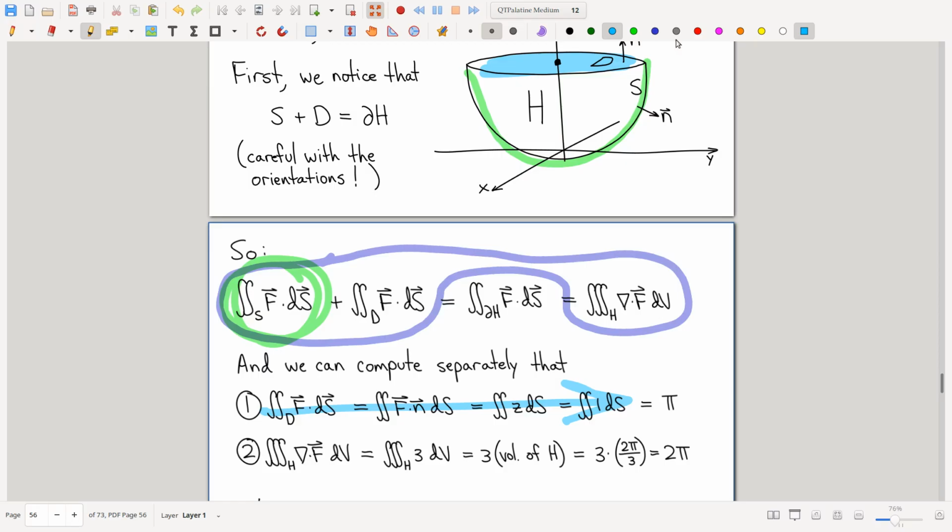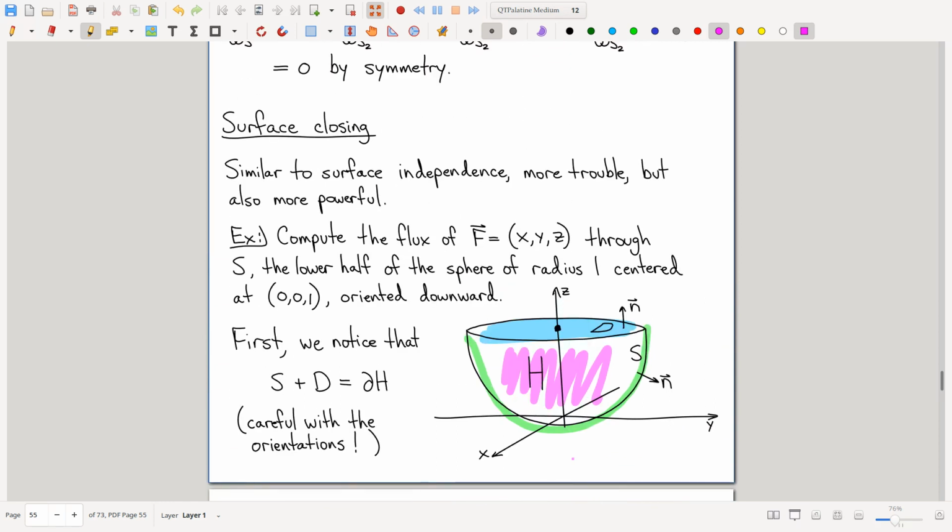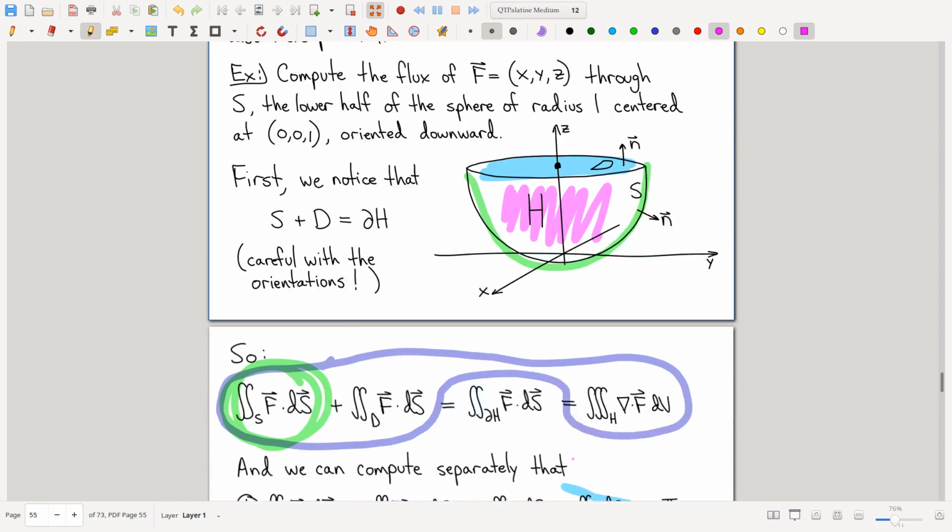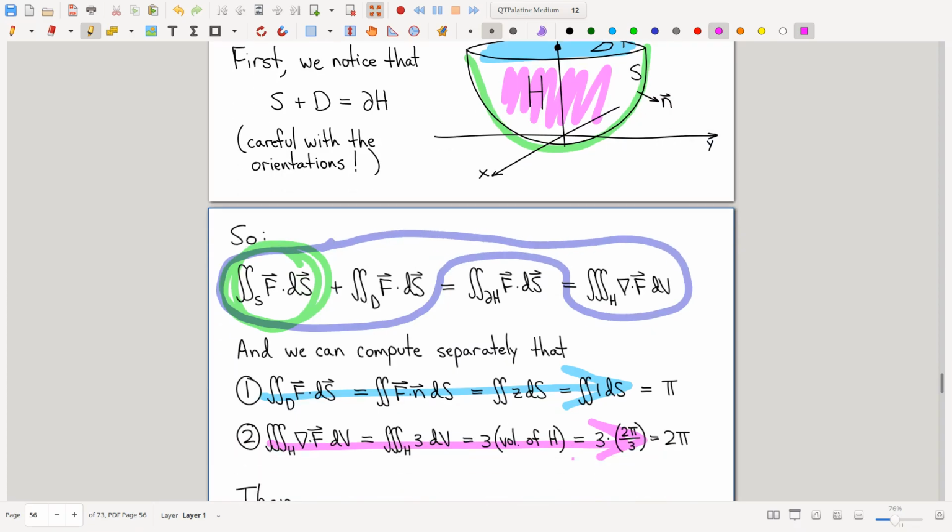And then again, the triple integral on the solid, also easy because our divergence ends up being constant. Our vector field, by the way, I should come up here for a second, was x, y, z. So the divergence is 3. That makes this calculation just a matter of looking at the geometry.